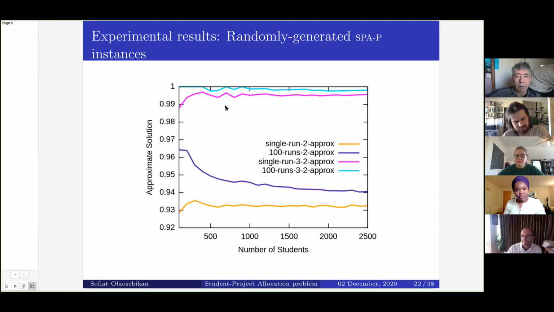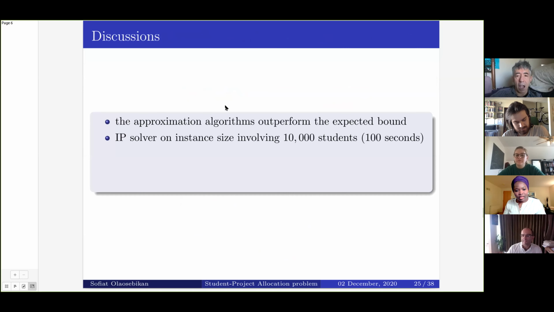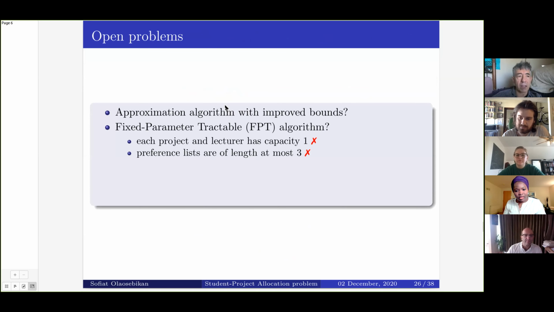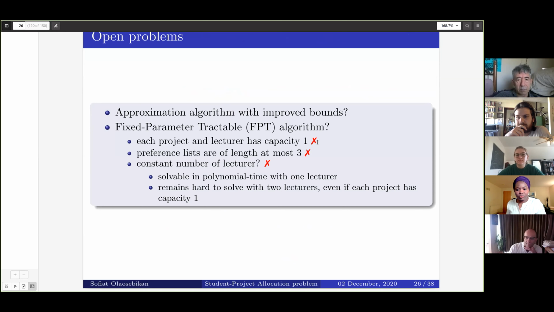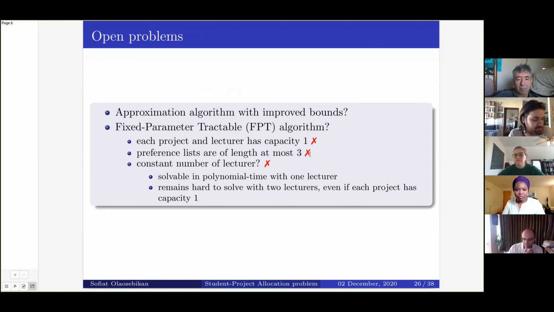NP hard, actually, under some restrictions, like lists of size 3 and so on. Lists of size 3 and capacity 1. If each project and lecturer has capacity 1, this is known from the literature. And if the preference lists are of length at most 3 and there are 2 lecturers involved.